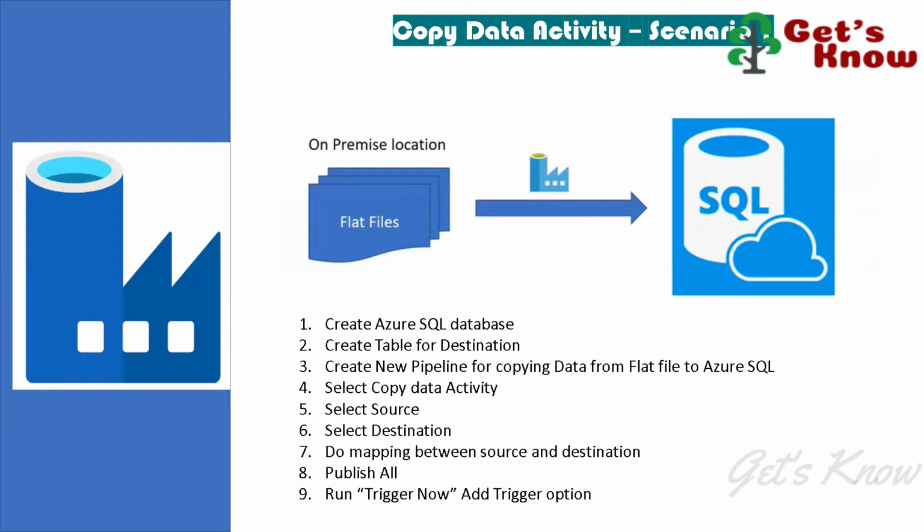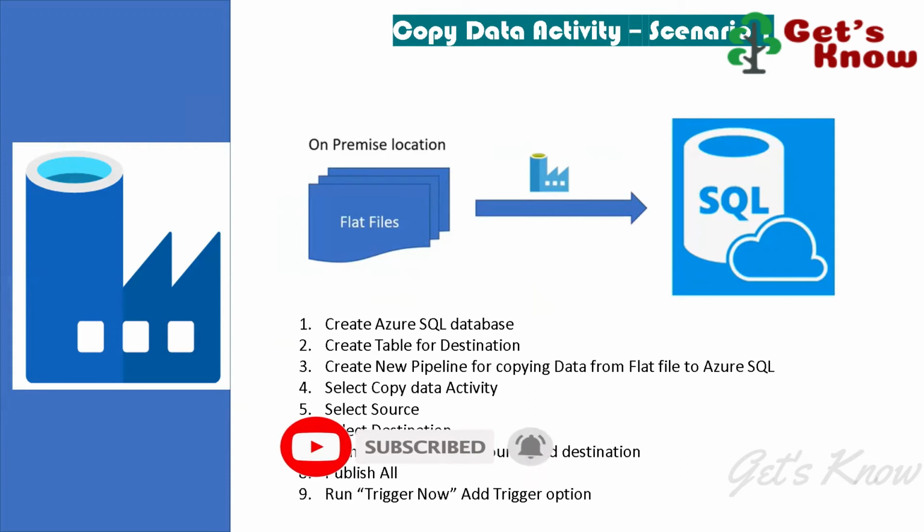For the source, we have to define the source path from where we are going to get the data. Similarly for the destination, the sink, we also have to give the path details of where we are going to store the data.